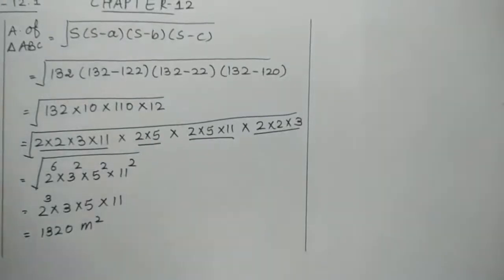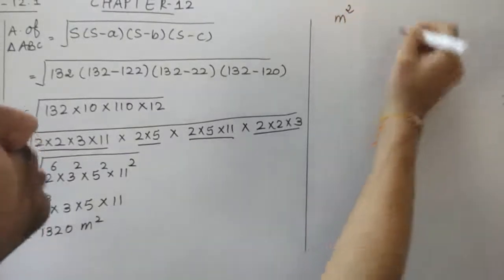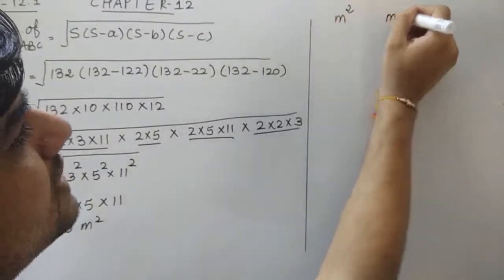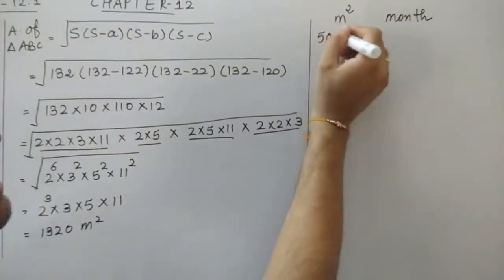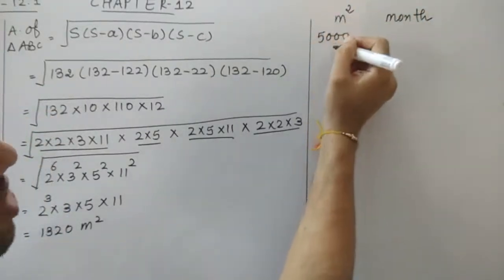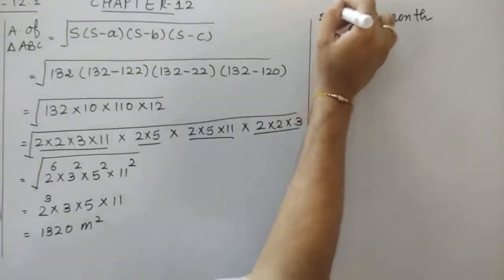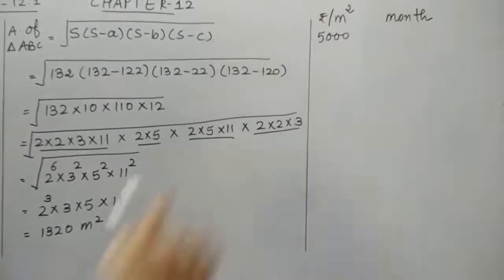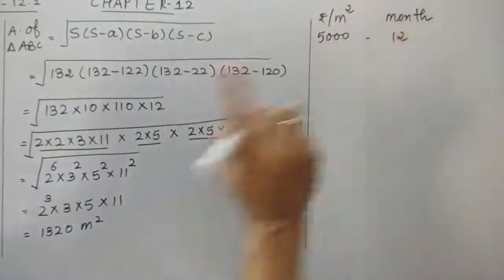They have given the cost for 1 year. So what cost they have given? 5,000 per meter square. It's not meter square, I think we should write rupees per meter square. 5,000 रुपए पर मीटर स्क्वायर 12 महीने के लिए, मतलब 1 साल के लिए.